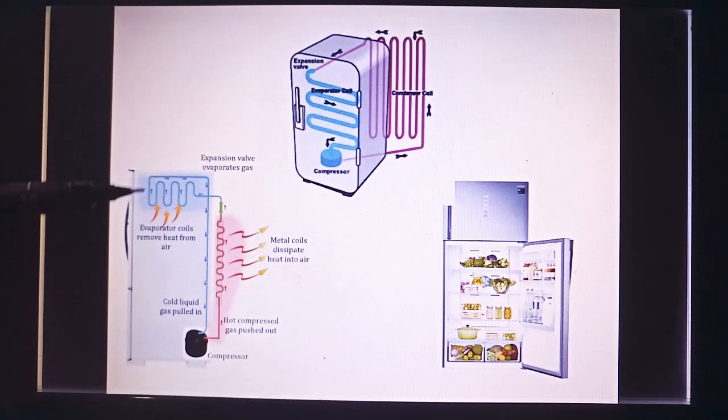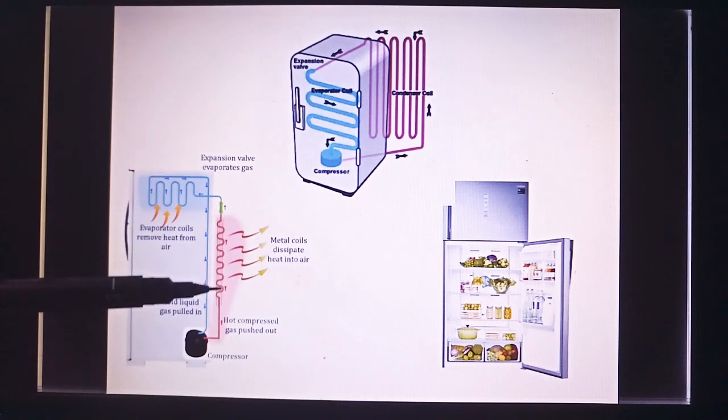So the refrigerant inside the evaporator coil absorbs the heat from the different foods inside the refrigerator. So that refrigerant will evaporate, and of course it will turn into gas. It will be compressed in the compressor, and after passing through the compressor, the hot compressed gas is pushed out to the condenser. From the condenser, heat is being released.